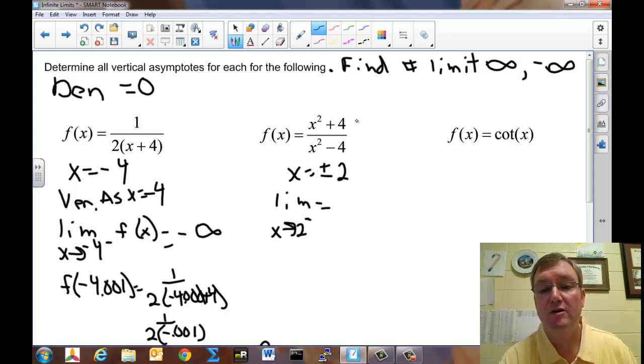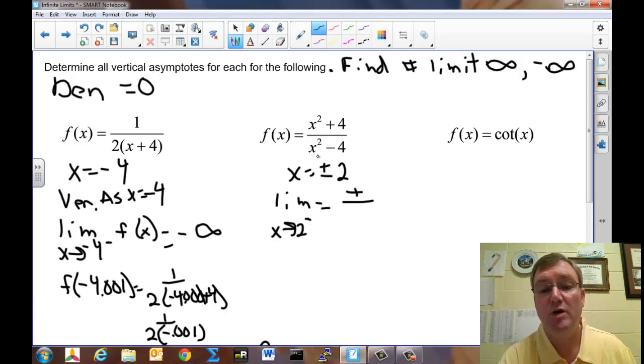Well, the numerator is always going to be a positive number, because any number we take and square and add 4 to is going to be positive. We know we're expecting an answer of infinity or negative infinity, so we really just need to know what the sign is going to be down here. So let's take a number smaller than 2, maybe 1.99.